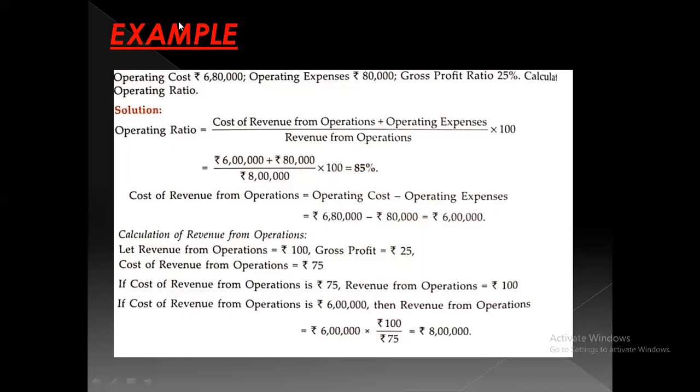Again I am repeating, operating cost means operating expenses are already included. So if you subtract operating expenses from 6,80,000, cost of revenue will become 6 lakh, operating expense 80,000, revenue is 8 lakh into 100, it is 85%.